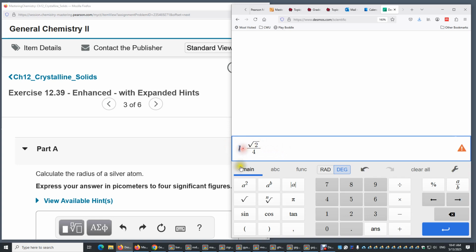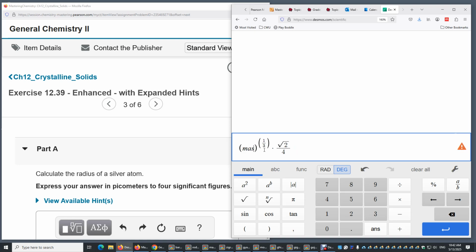Now how do we compute the edge length? Well, it's simply the volume of the cube to the power of 1/3. That's the edge length. Now how do we get the volume of each cubic cell?